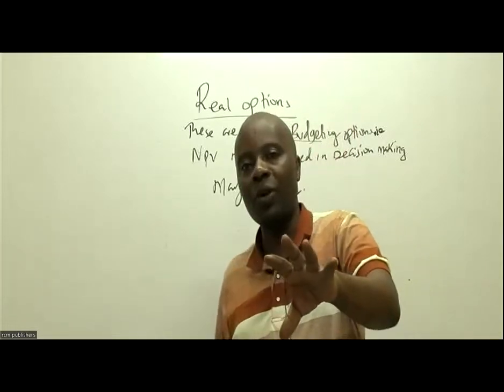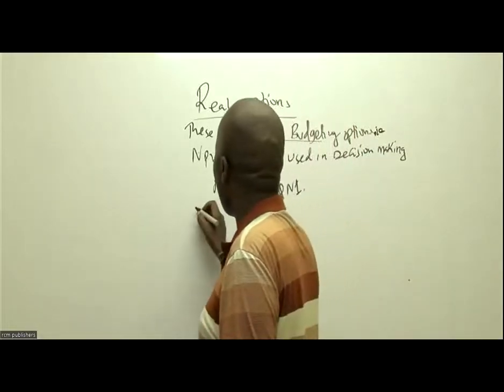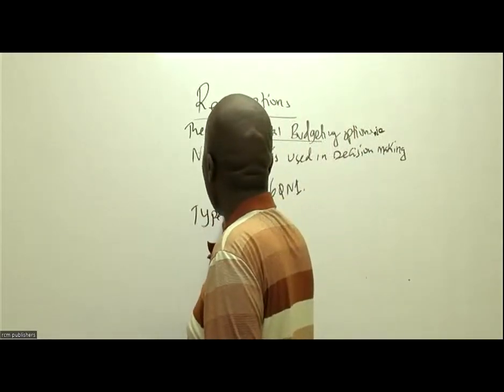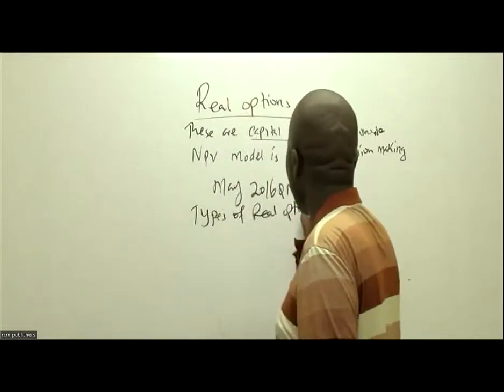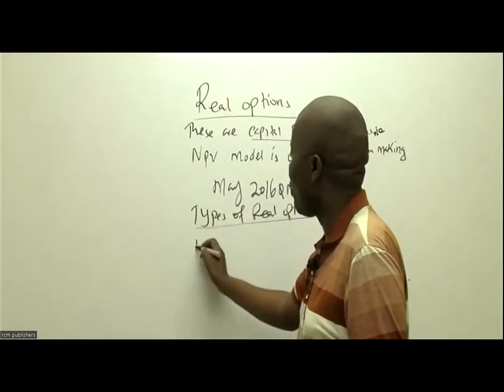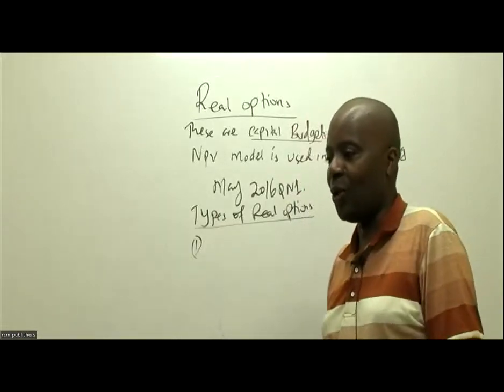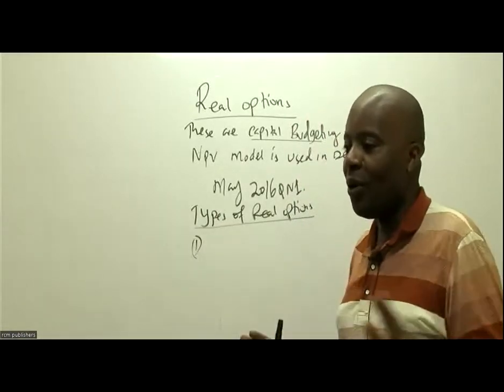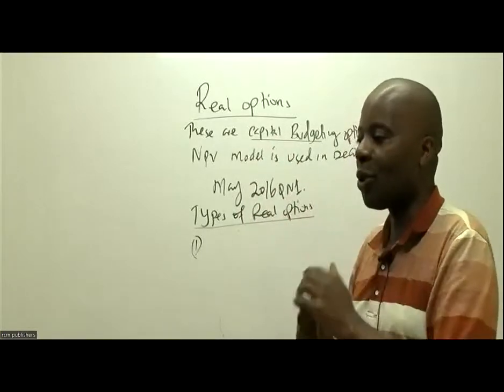Now, ladies and gentlemen, could you kindly give me the types of real options that you guys are aware of? Of course, number 1, let me listen to you. Call option, no, those are the general. Now here we are, yes, option to abandon.